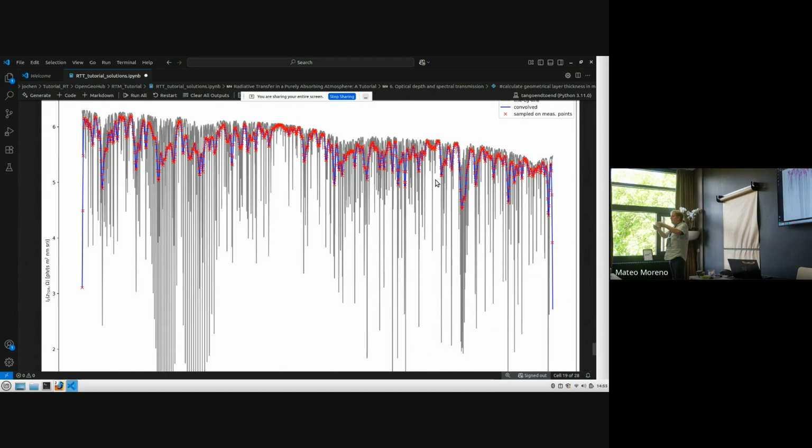And if you achieve an agreement between your model and your observation, you define a certain threshold of quality, and if you achieve that, then you say, okay, now the numbers that I've used in my forward model to simulate the observation, they represent what the atmosphere was for my observation. That is called retrieval, actually, or data reduction sometimes.